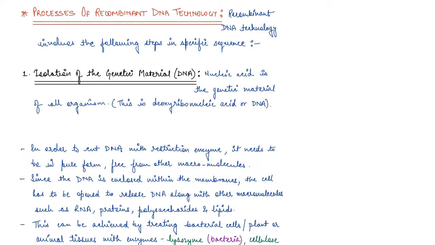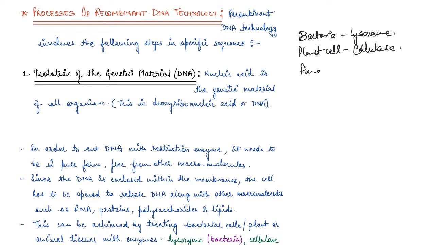So, say if it is bacteria, we treat it with lysozyme. If it's a plant cell, since they have a cell wall, we treat it with cellulase because the plant cell wall is made up of cellulose.